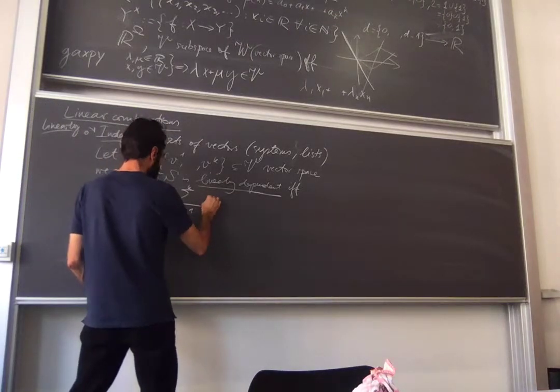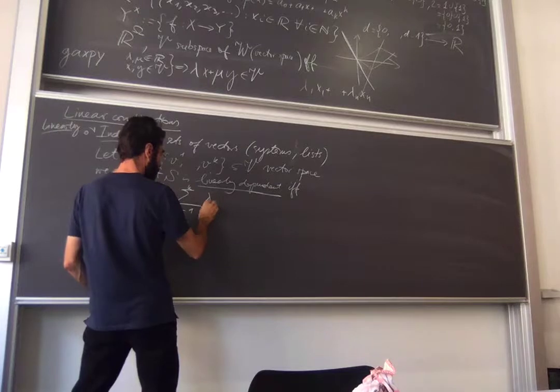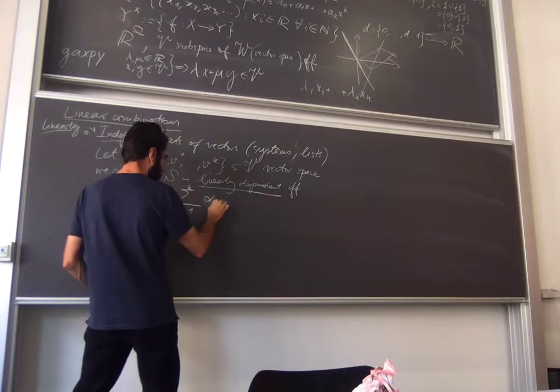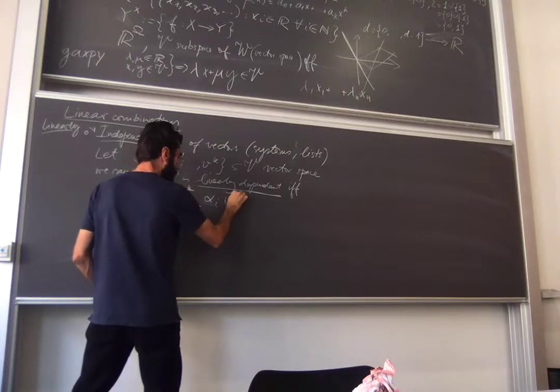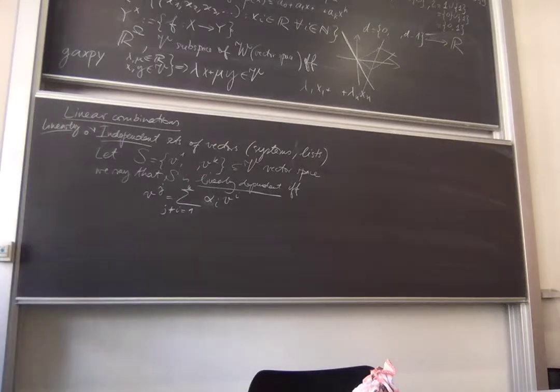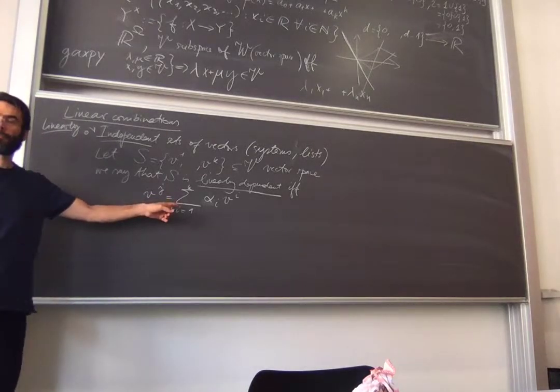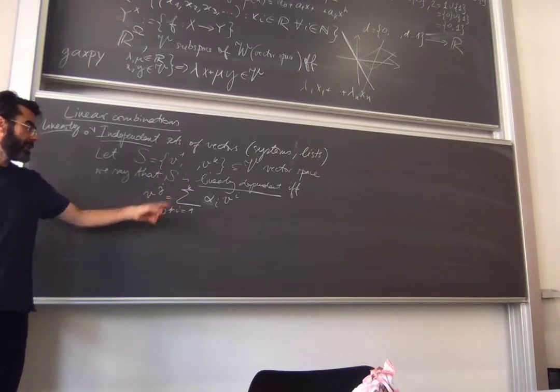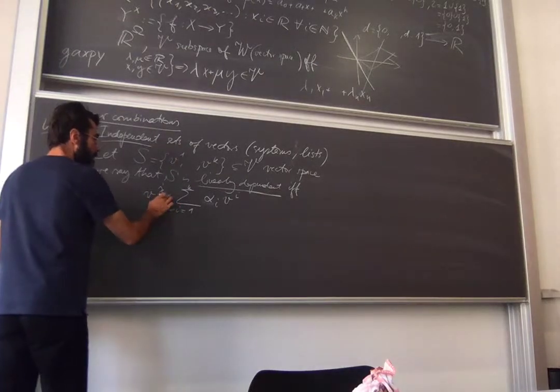Times some coefficients, let's call them lambda, or alpha. We'll call them alpha. Alpha i times Vi. That's the linear combination. Which is the same thing as saying that this is 0.